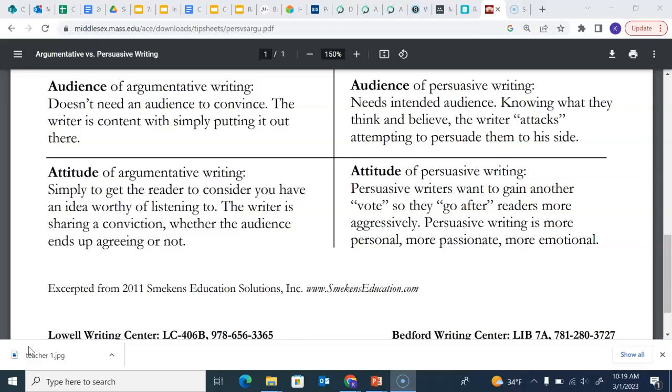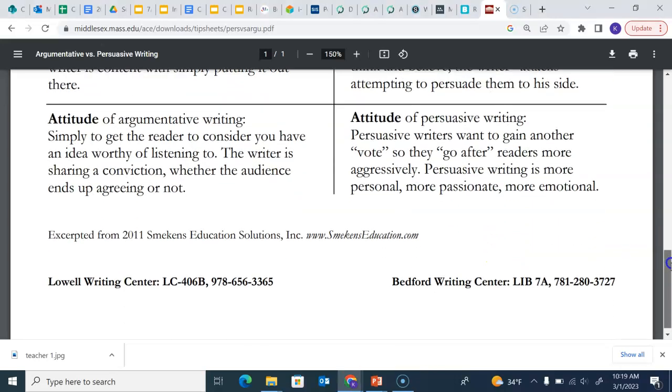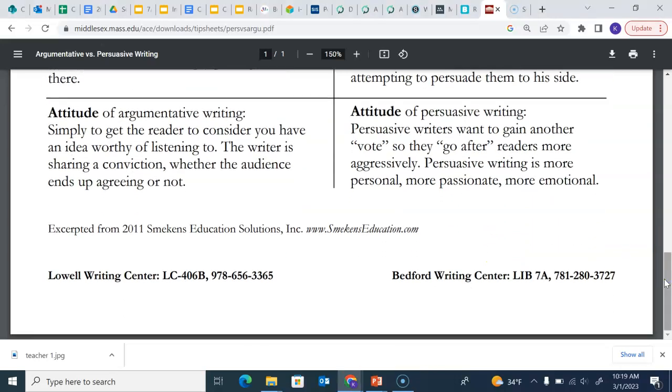The whole point is to persuade someone to agree with you. So knowing what they think and what they believe, the writer then attacks or goes after their reader and tries to persuade them very aggressively with emotional appeals and things like that to agree with their side. So it's very, very different in terms of how they talk to or address the audience.